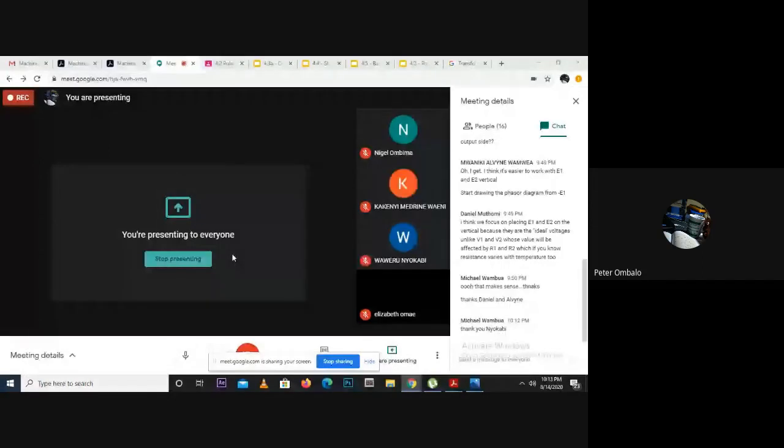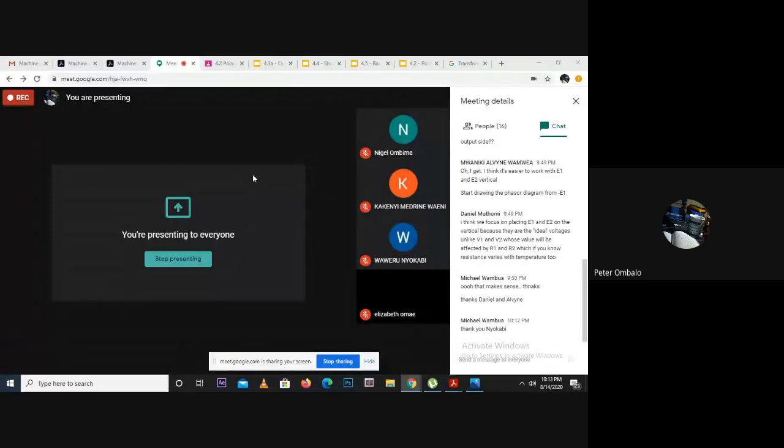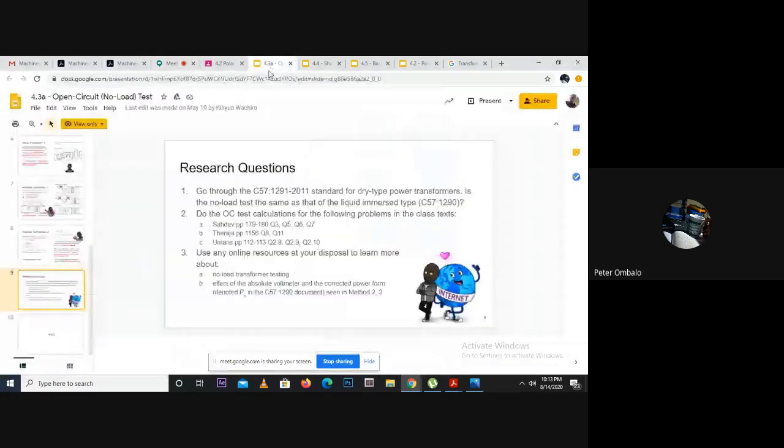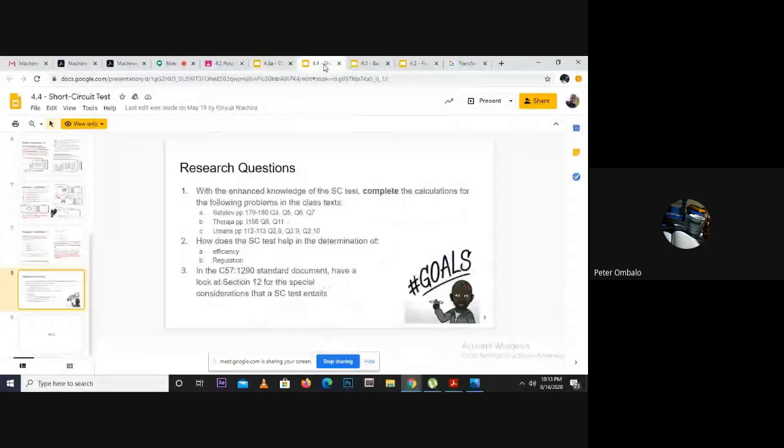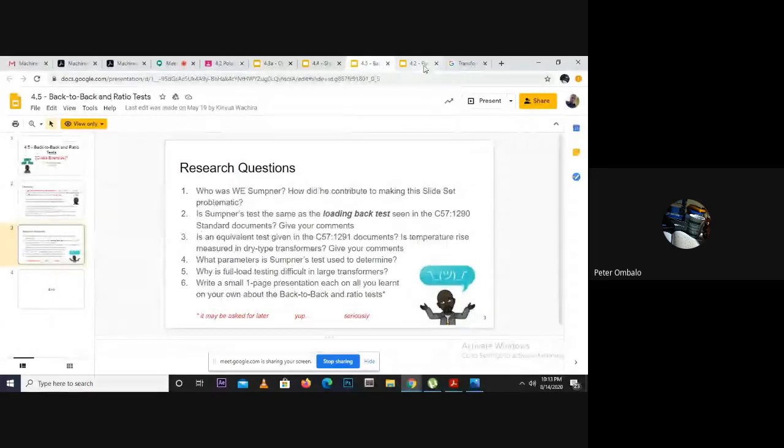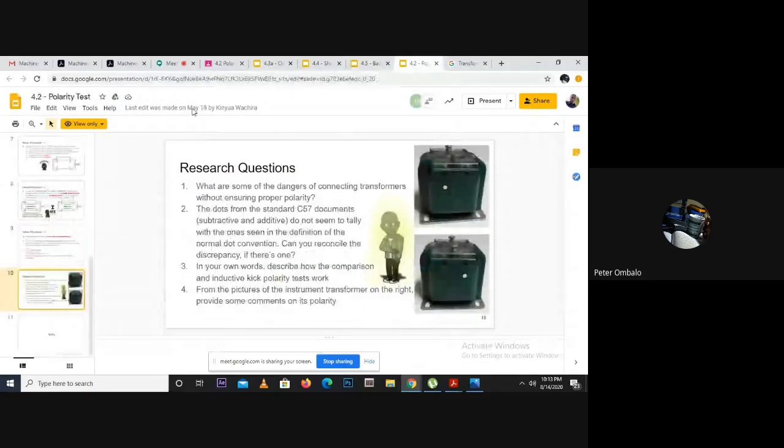Okay. All right, so I am supposed to go through transformer tests, which is what we are going to go through. And we are going to have some few calculations, especially for open circuit and short circuit tests. There are 4 tests: open circuit, short circuit, back-to-back and ratio tests, and polarity test.